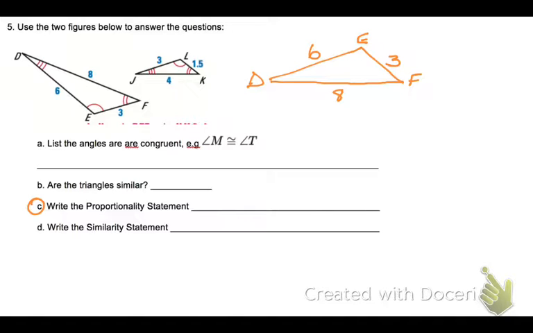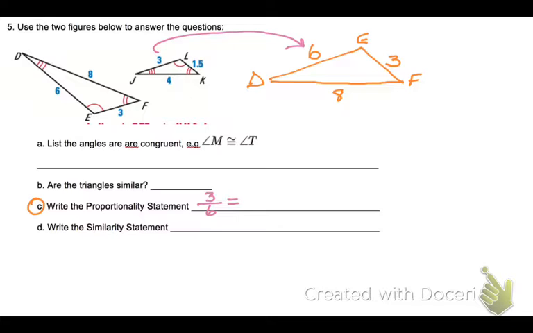So I'm going to start from where we left off, which is writing the proportionality statement. So again, you just have to make sure you're getting all the corresponding sides straight. So let's do it in colors. We'll start with the smallest one, and we see that this side corresponds to this side. So 3, we'll write 3 over 6. Okay.